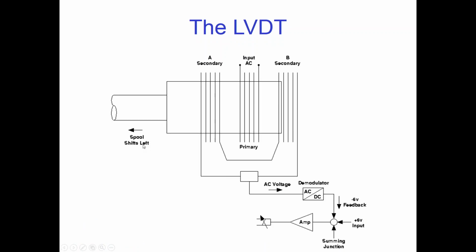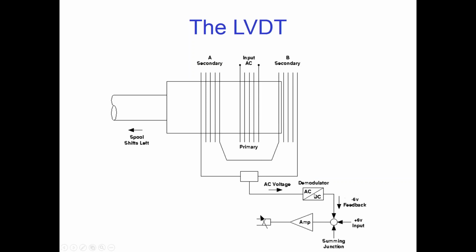So we've shifted our spool to the left. In other words, we applied our positive 6 volts, and that generated the 1.35 amps in the coil. And as the spool moved, shifting to the left, that induced a current into the secondary coils. That's going to be an AC signal. It has to be demodulated into DC to match our command voltage.